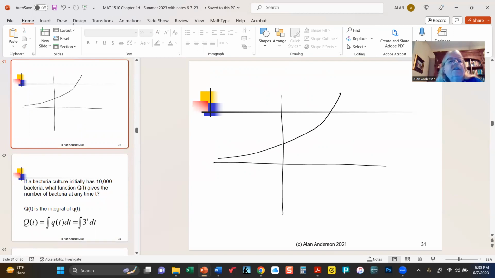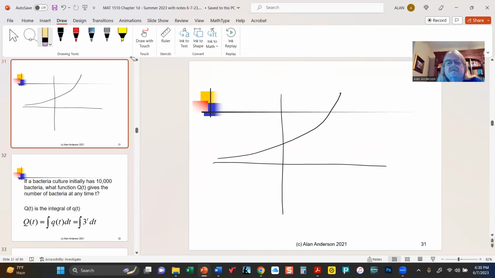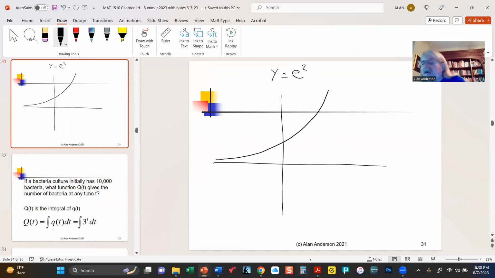This will be, well, even that doesn't really show you how quickly it grows. This could be, for example, y equals e to the second power or something like that. Actually, I'll tell you what, let's go to Symbol Lab so we can get a better look at this.